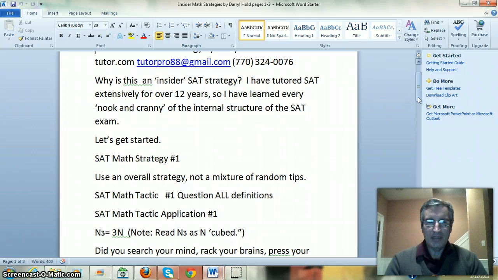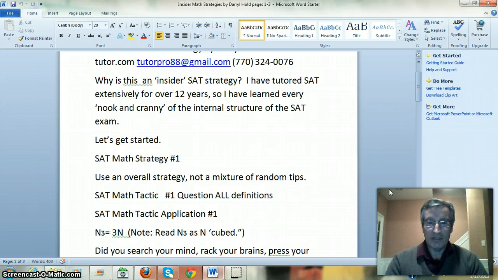So let's get into a specific application here. SAT math tactic number one: I want you to question all definitions. Notice that I've put "all" in all caps. The reason for this is some of these definitions are words that you've known virtually forever, for a large portion of your life.